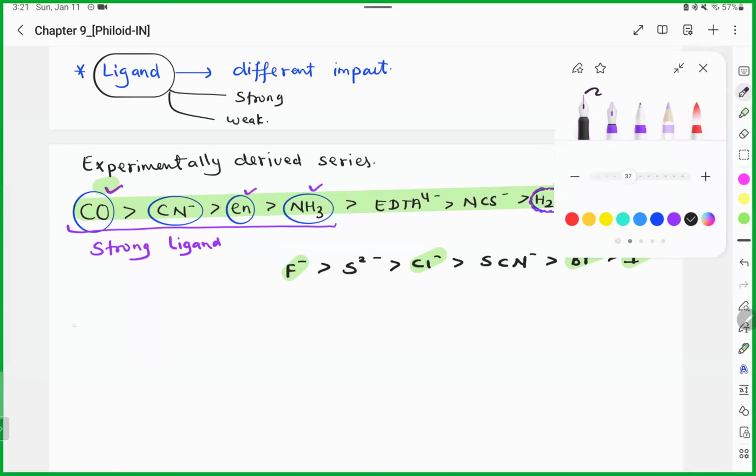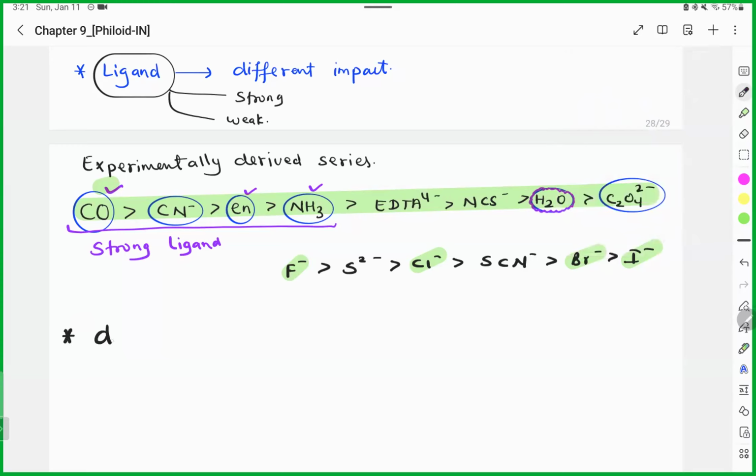Next, up to 3 electrons, up to d3, it doesn't matter whether you have a strong ligand or a weak ligand. Why? Because up to here there will be no pairing. We discussed this point already, correct?